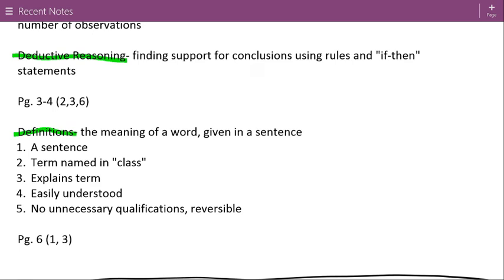But just like any language, if you go in and you start looking at the words and you have no basis, there's really nothing to help you. So that goes to the fourth criteria for a good definition, that it's easily understood using terms that you know. All right, and then another one that I want to talk about is number 3.